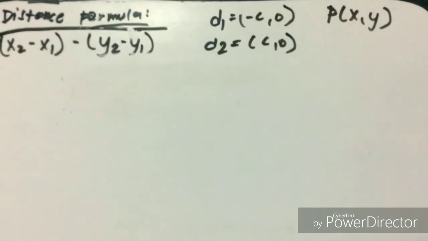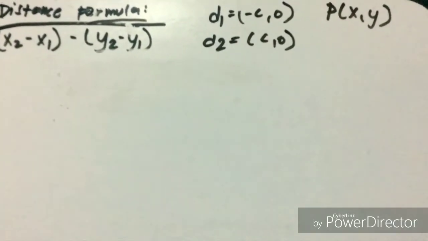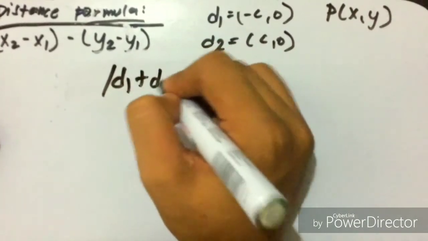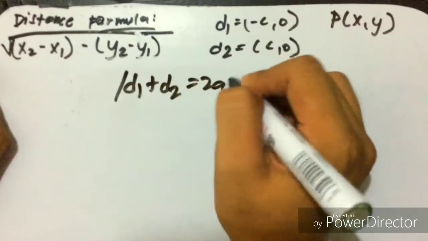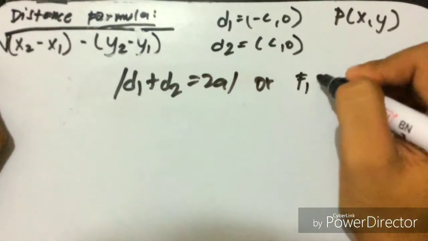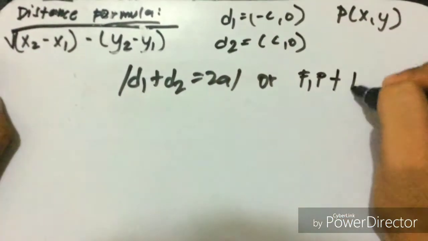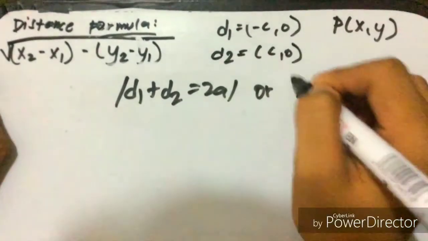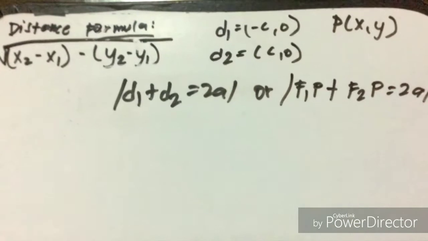The formula for the standard equation of an ellipse is this: the absolute value of d1 plus d2 equals 2a, or the distance from F1 to the point plus the distance from F2 to the point equals 2a.